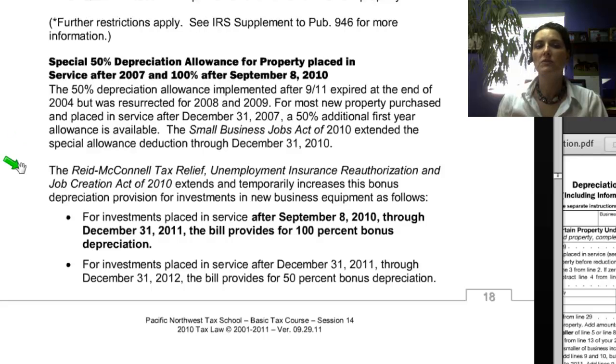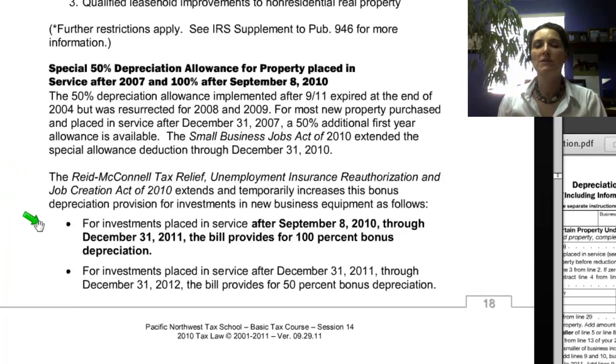The Tax Relief, Unemployment Insurance Reauthorization and Job Creation Act of 2010, which was passed on December 17, 2010, after 946 was published, extends and temporarily increases this bonus depreciation provision for investments in new business equipment as follows. For investments placed in service after September 8, 2010 through December 31, 2011, the bill provides 100% bonus depreciation.